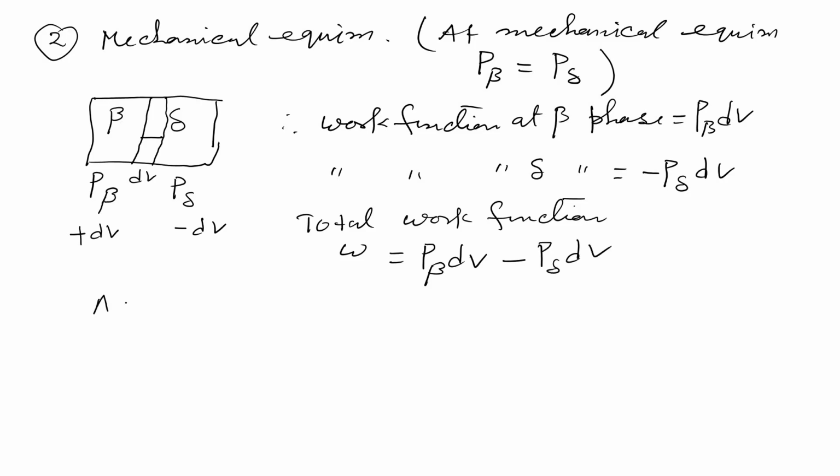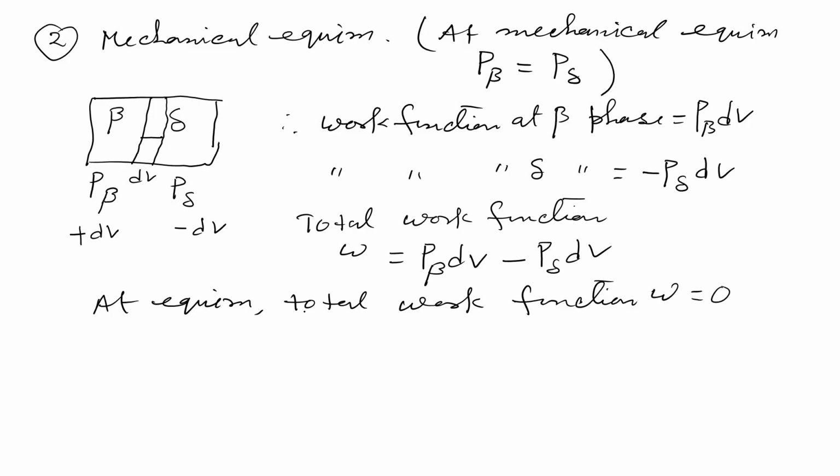Now at equilibrium, the total work function W is equal to 0. Okay. So what can I write? We can write P beta dV minus P delta dV is equal to 0. Right?